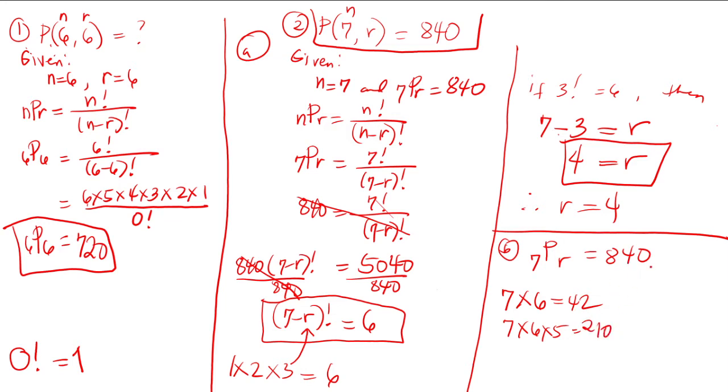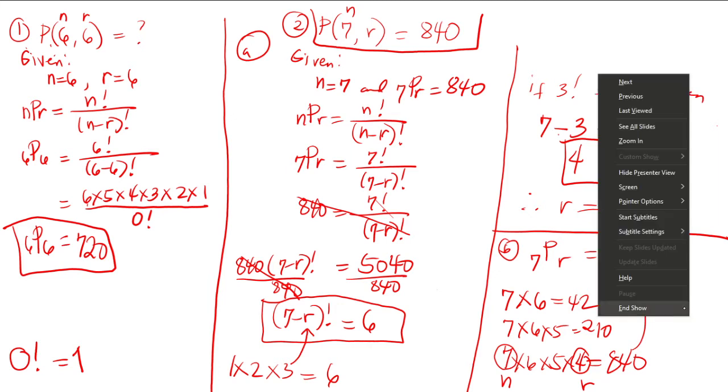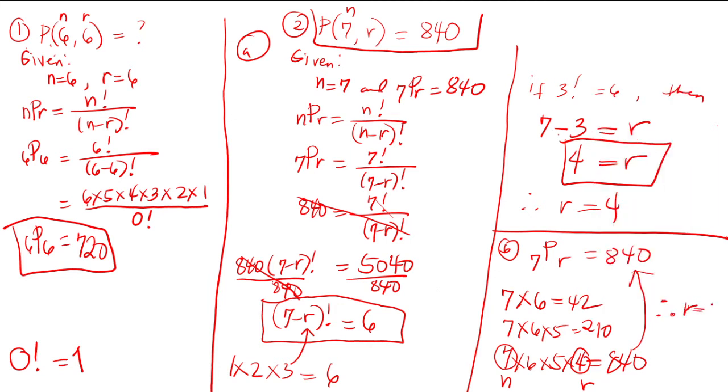Mali ulit kasi 840 ang goal mo. Susunod. 7 times 6 times 5 times 4 is equal to 840. Yan. So, na-arrive mo na yon. Nakuha mo na. Tama? So, meron kang 7 things, and hanggang 4 lang. So, this is your r. Okay? Therefore, r is equal to 4.